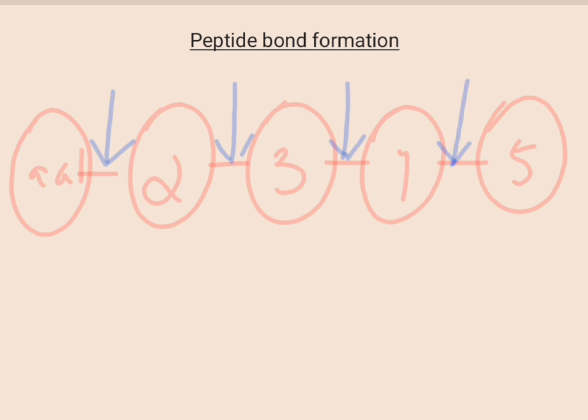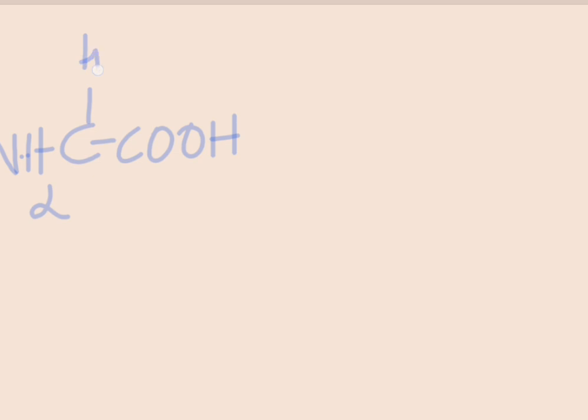So suppose I take an example, this is the structure of amino acid we studied yesterday. So suppose this is amino acid 1, and then we have another amino acid.